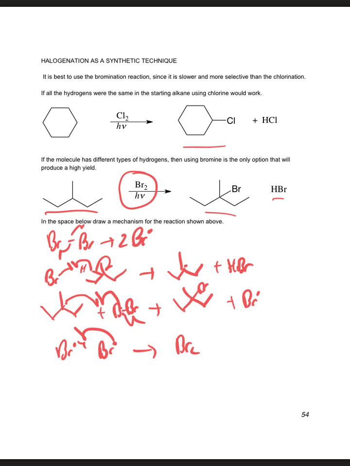Okay, so with an alkane, the mechanism is always the same, where we split the bromines apart, forming a free radical, abstract a hydrogen, then the new radical on that carbon abstracts a bromine, and then we terminate the reaction. It's always these 4 steps if we start with an alkane. The only thing that's different is which alkane we use.